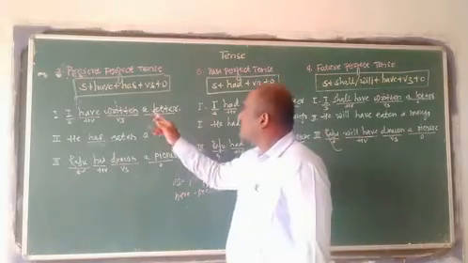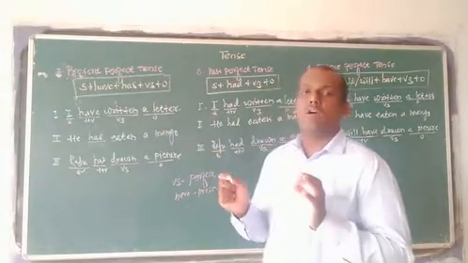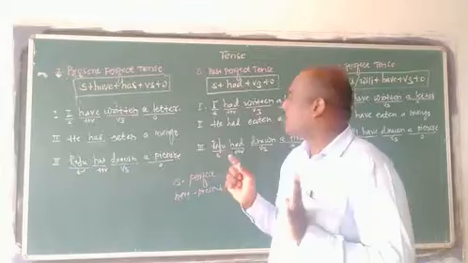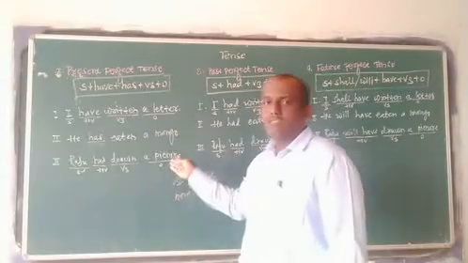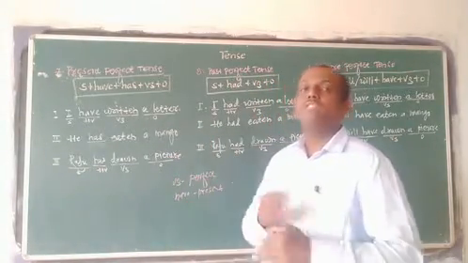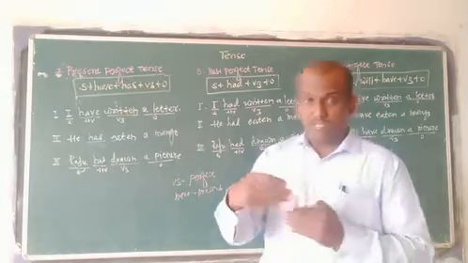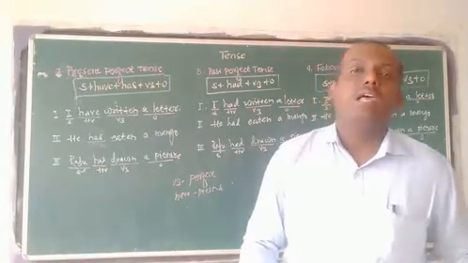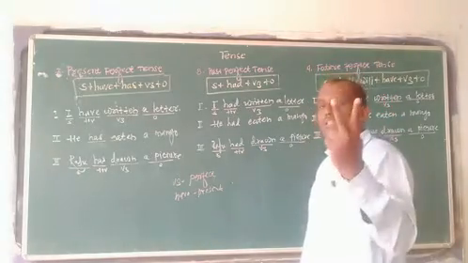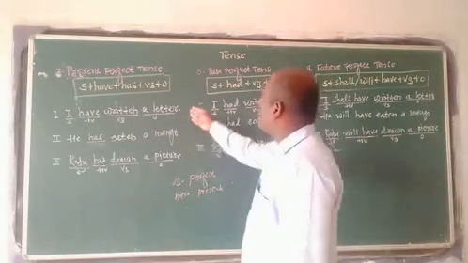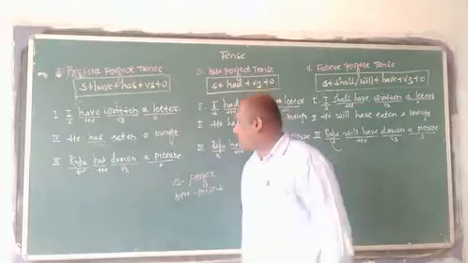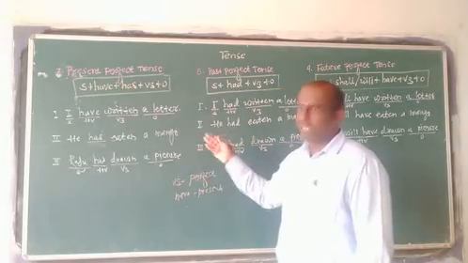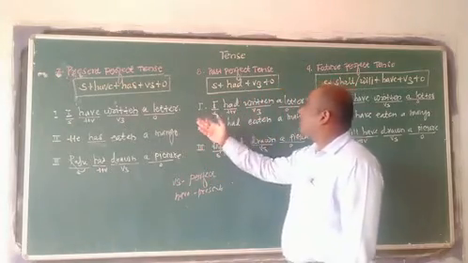So the structure is subject plus have or has plus V3 plus O. And how to identify? We have to look for the main verb, identify the form of that main verb, and then the helping verbs. If you understood both things, then easily you can identify the tense of the particular sentence. My friends, I think that you have got this particular tense.